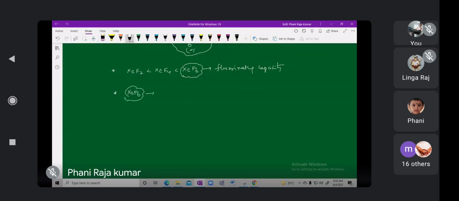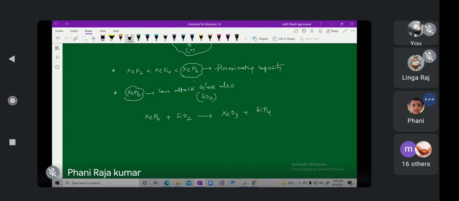XeF6 can attack glass also. It can fluorinate glass. Glass's main compound is SiO2. So XeF6 attacks SiO2 and finally gives XeO3 and SiF4.